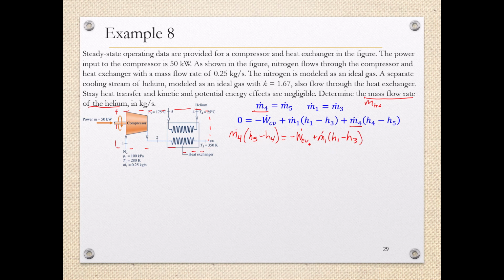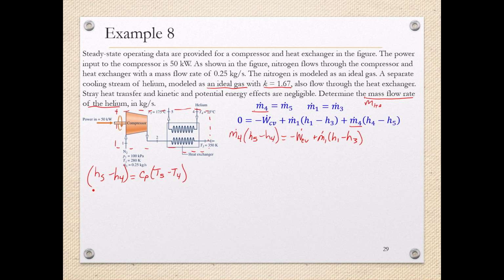To simplify this a little bit, we said that helium is an ideal gas with a value of k. So when we look at h5 minus h4, our enthalpies, if we do the ideal gas model, we know that cp times (T5 minus T4).